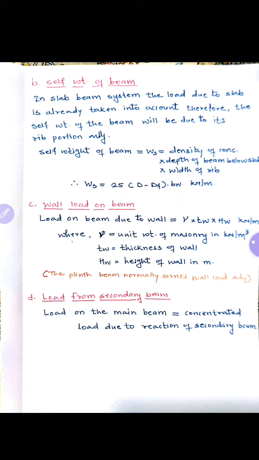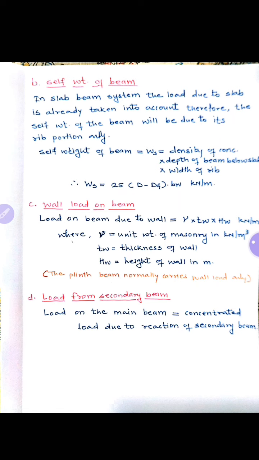So when we have to find the self-weight of beam, it is density of concrete, which is 25 kilonewton per meter cube, then depth of beam below slab and width of rib. So this is what we get as self-weight of beam. Then we have to find out wall load on beam. Again it is the same.